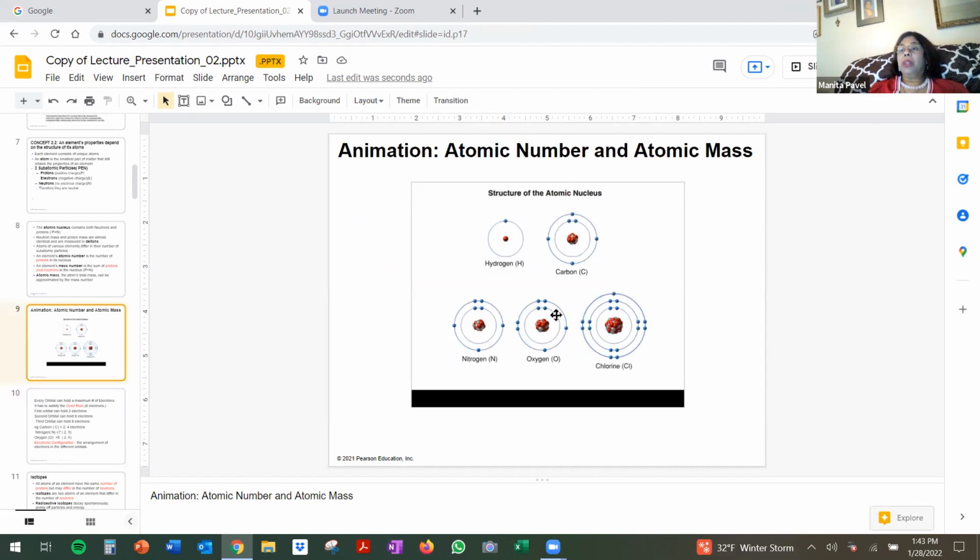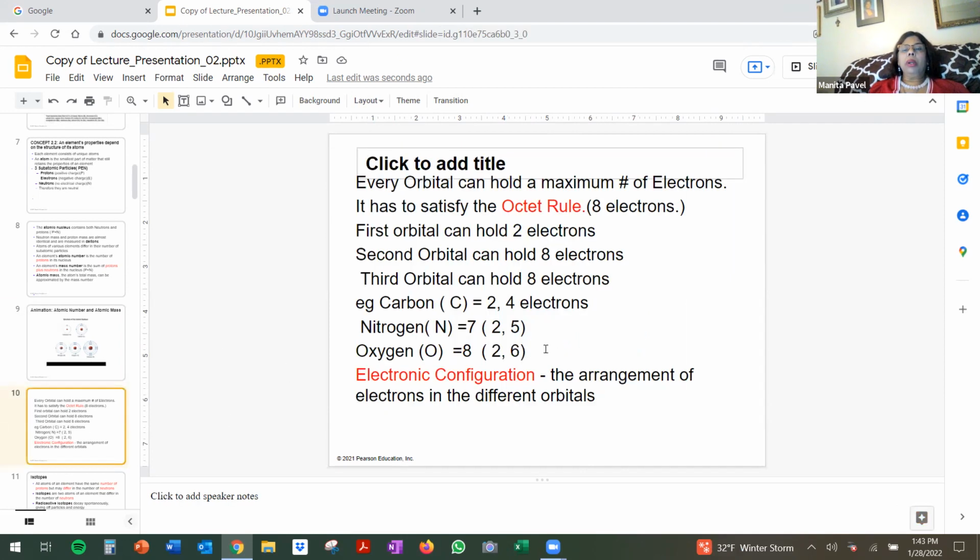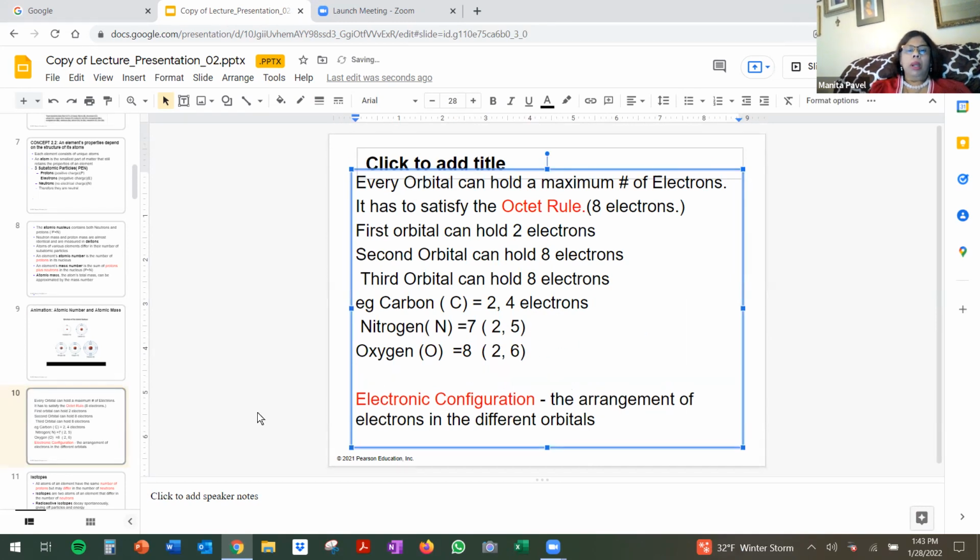Oxygen has 8: first orbital 2, then 1, 2, 3, 4, 5, 6. And chlorine gas, chlorine has atomic number 17. Capital C, lowercase l.